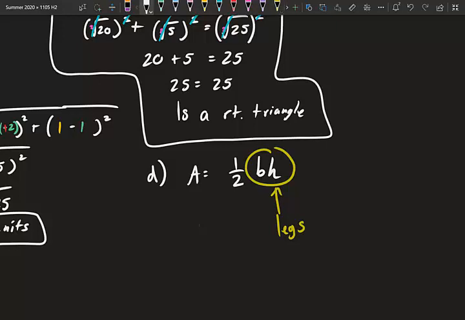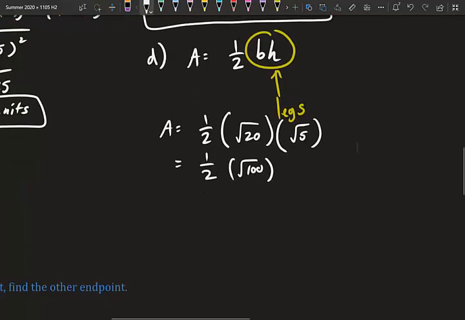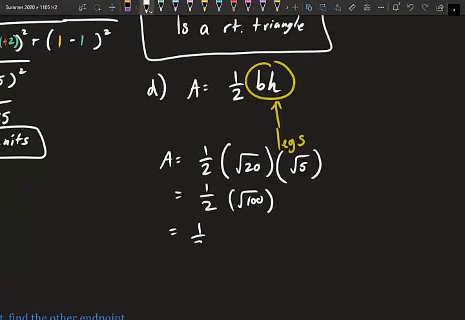So we have 1/2 times base, which is the square root of 20, times height, which is just another leg, square root of 5. So we simplify. Square root of 20 times square root of 5 is square root of 100. The square root of 100 is 10, and half of 10 is 5. So 5 units squared.